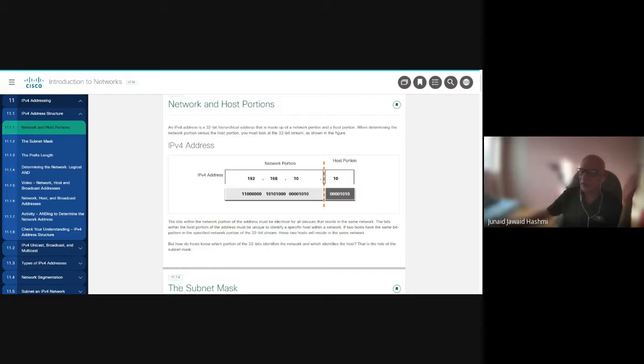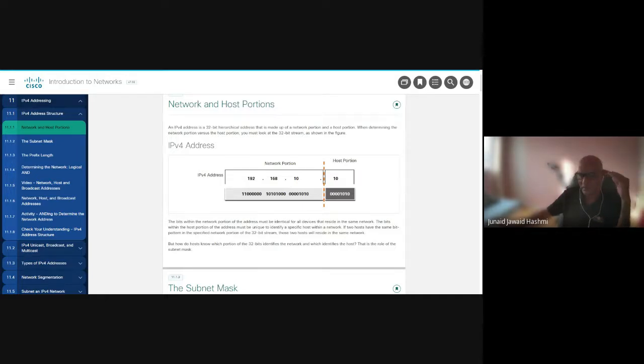So if the network starts from 10, you know that the last three octets belong to the host ID, and the first octet belongs to the network ID. But it's not always true, because you do subnetting, you customize the network. So therefore you have to look at the subnet mask, as Masood says.